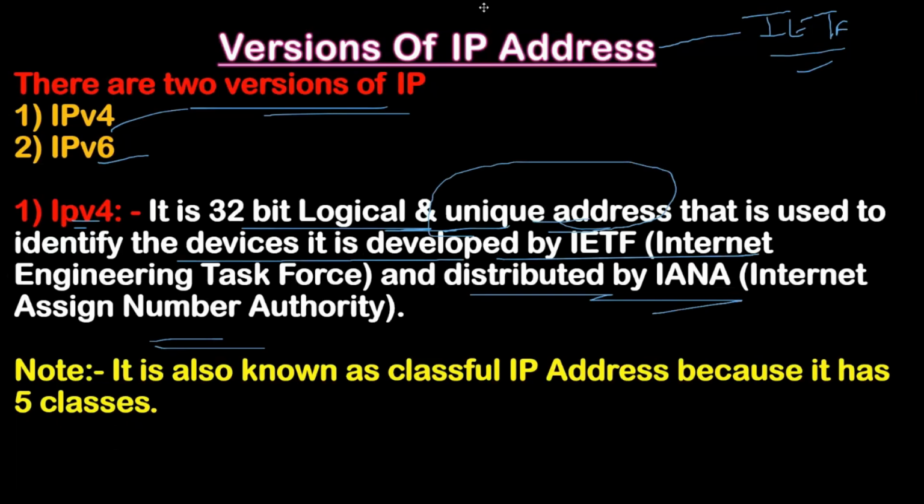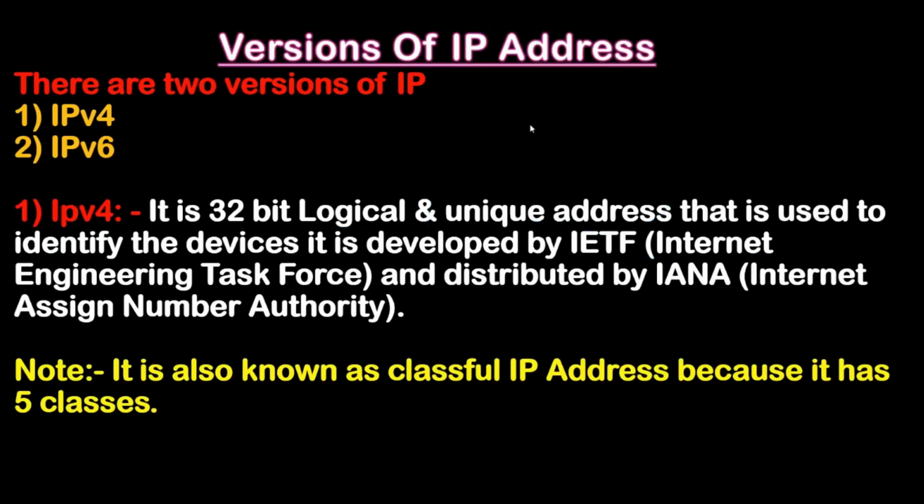Right? So here you will see, let's suppose we have one IP address. The first thing is that it is 32 bit, and it looks like this: 192.168.10.1.